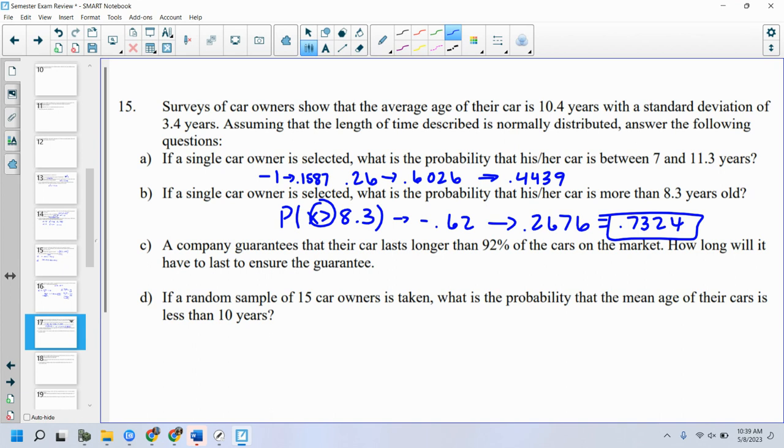A company guarantees that their car lasts longer than 92% of the cars on the market. How long will it have to last to ensure that guarantee? Okay, so I am looking for the x value.